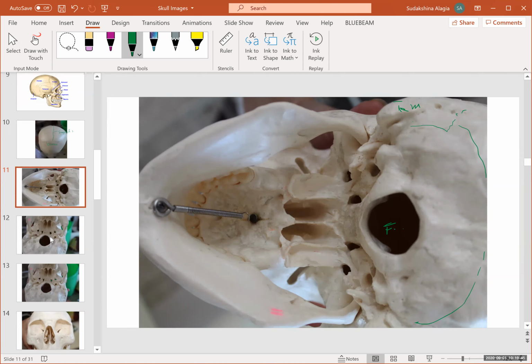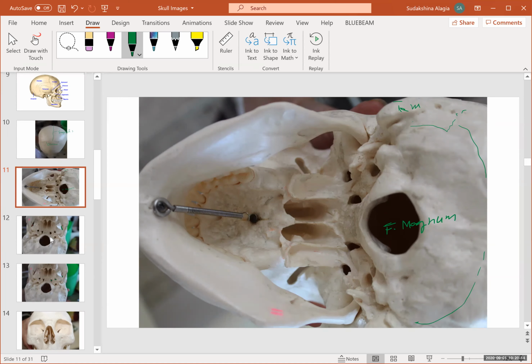Let's say you are turning your neck from left to right, what is allowing your entire skull to turn from left to right? Basically the occipital condyles, which articulate with the first cervical vertebra.